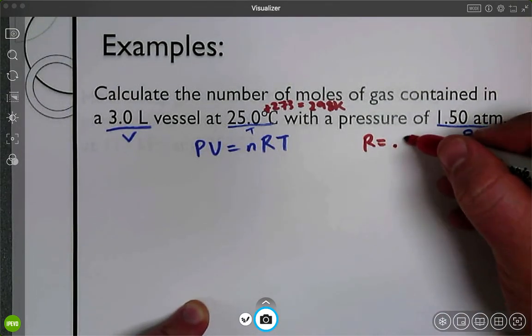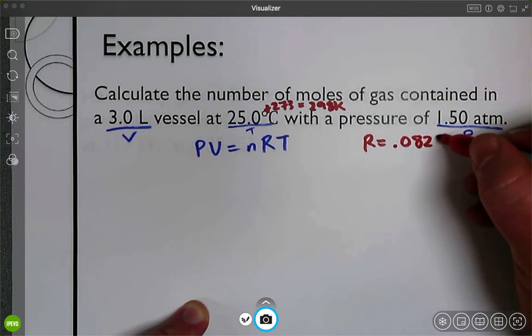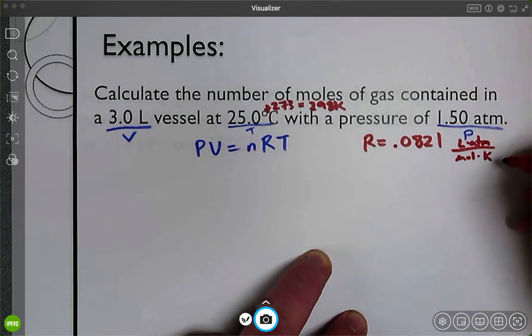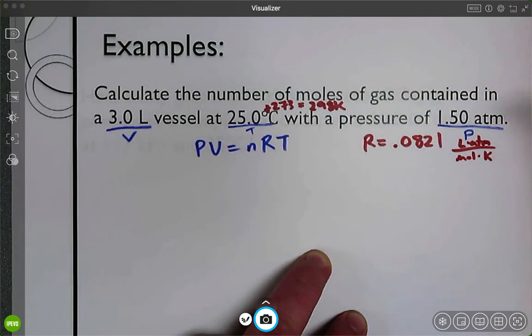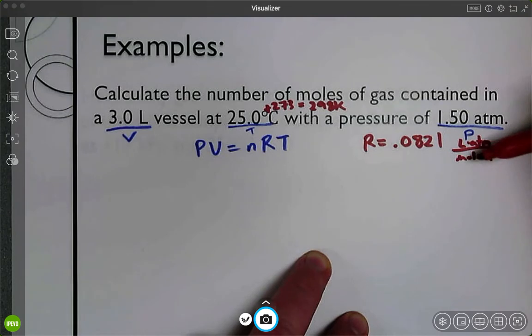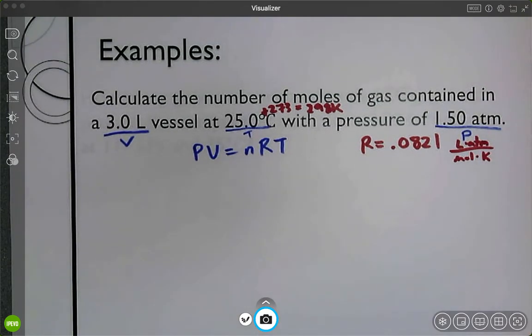That was 0.0821, and the units are liters atmospheres over moles Kelvin. So I've got liters, Kelvin, atmospheres, and I'm going to be finding moles. So take all of this and plug it into the equation.